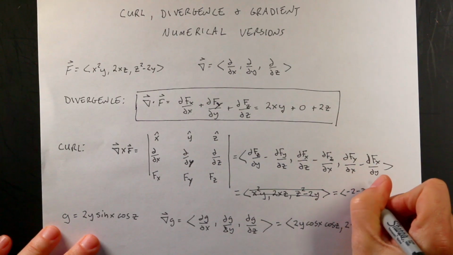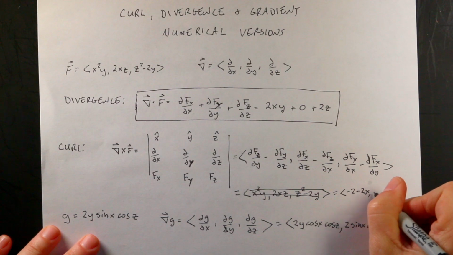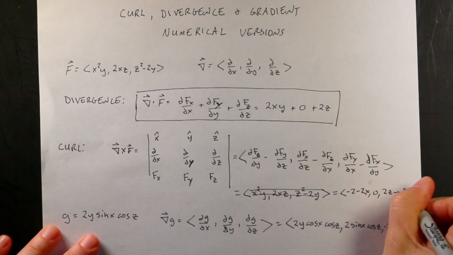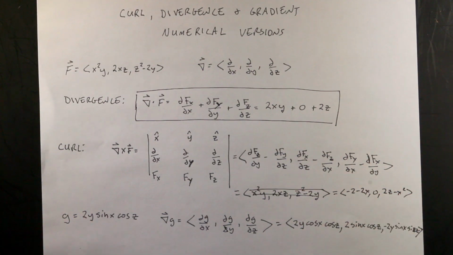Negative 2 minus 2x, 0, 2z minus x squared. I think that's what you get. Let's just check. Yep, negative 2. Yeah, okay, that's what you get. Sorry about that.